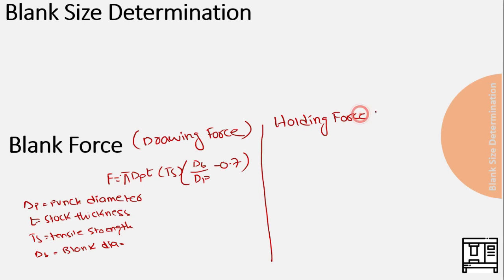So Fh would be equal to 0.015 Y times pi times db square, the diameter of the blank squared, minus db plus 2.2 times the stock thickness plus 2 Rd, all squared.